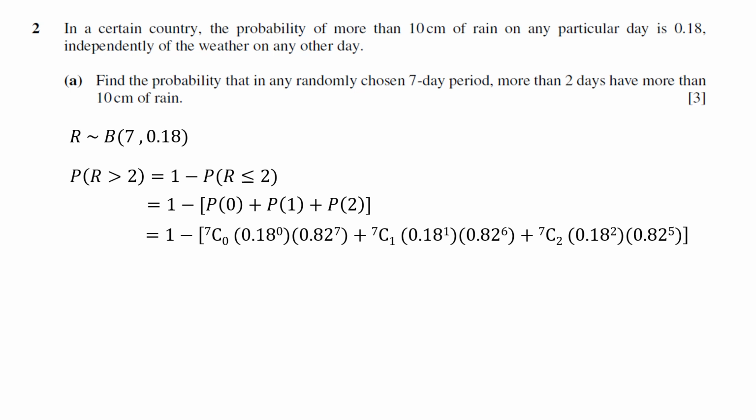And that will be equal to 1 minus 7 combination 0 multiplied by 0.18 to the power 0 multiplied by 0.82 to the power 7 plus 7 combination 1 multiplied by 0.18 to the power 1 multiplied by 0.82 to the power 6 plus 7 combination 2 multiplied by 0.18 to the power 2 multiplied by 0.82 to the power 5.